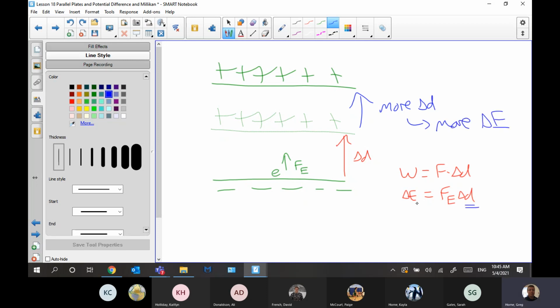So I feel like we must have had more force, right? But it's not more force. Actually, we don't need more force because we got more distance. So the electric force remains constant.